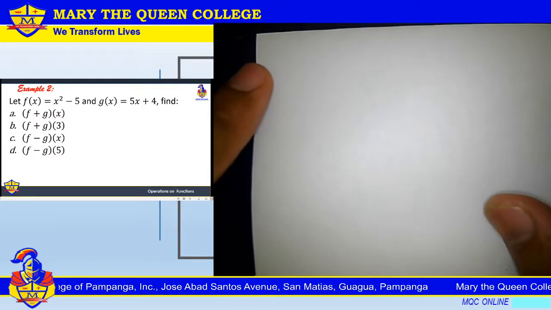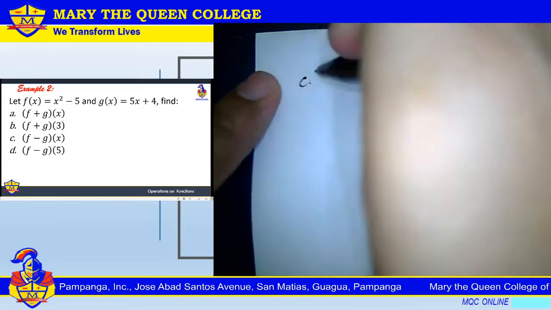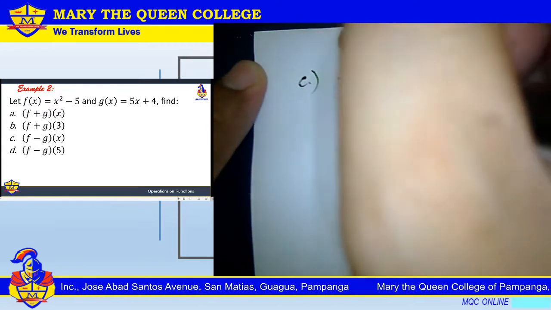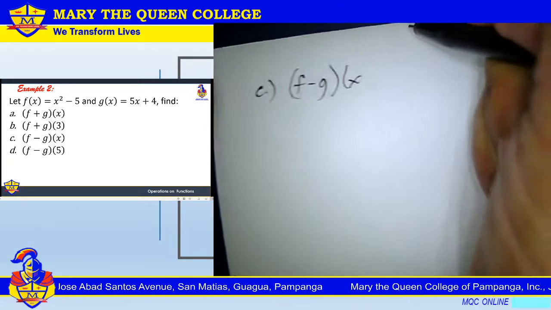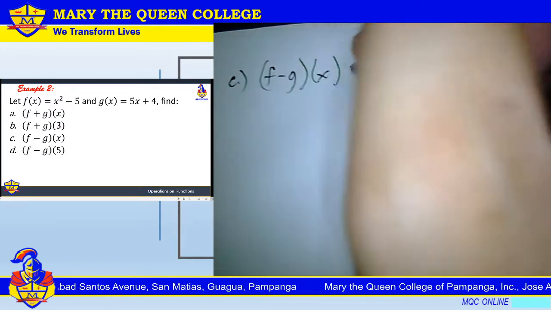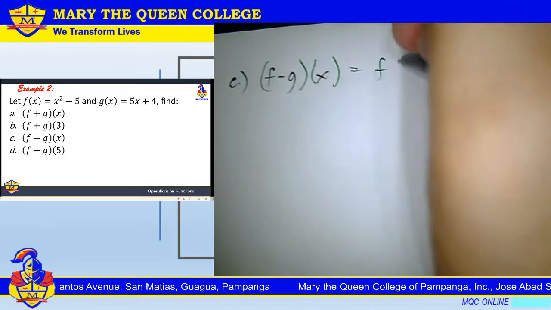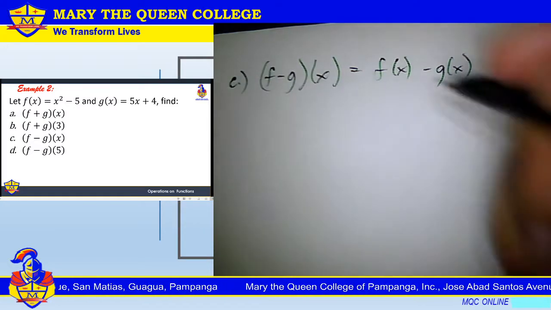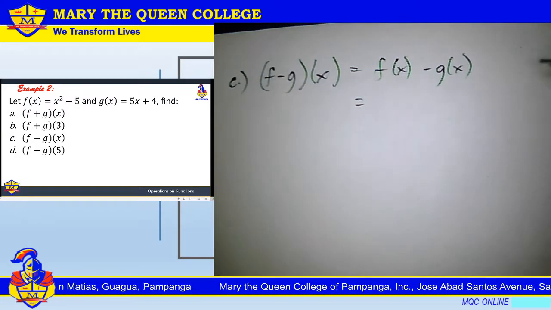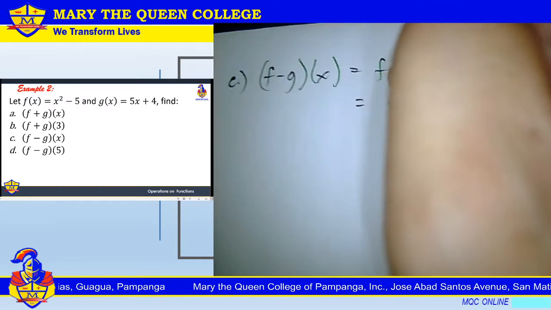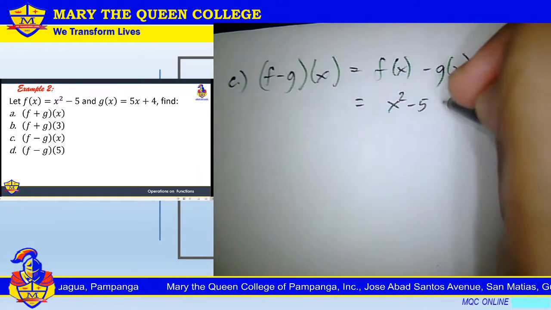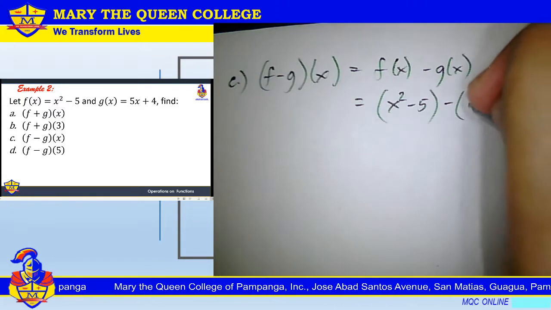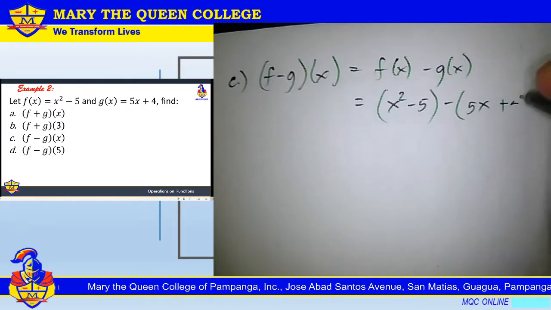f minus g of x. So, that is f of x minus g of x. Then, copy our given domain. F of x, that is x squared minus 5 minus g of x natin, we have 5x plus 4.